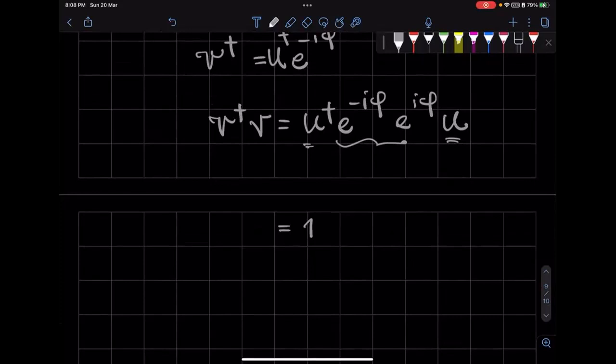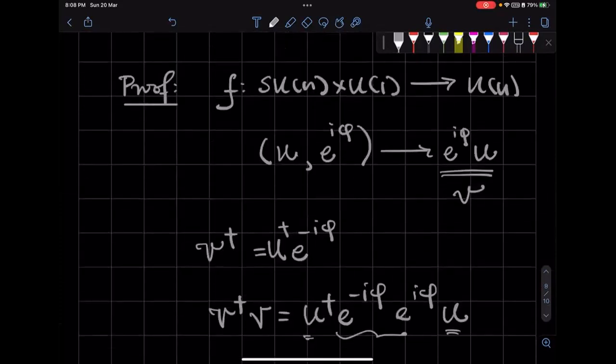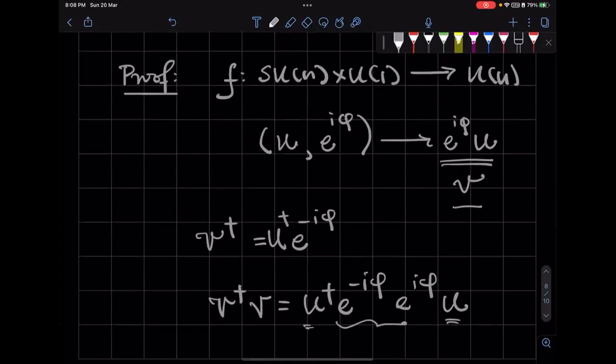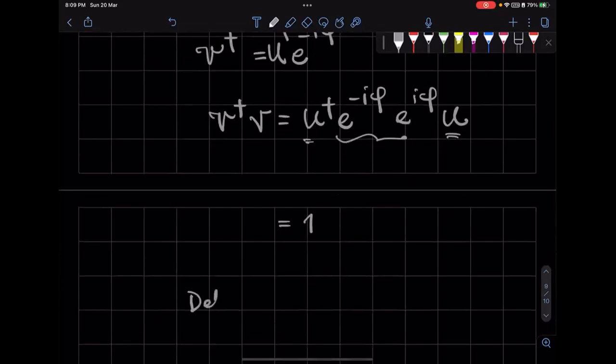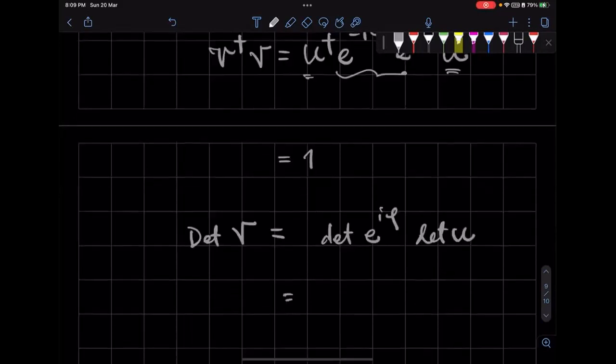So what I'm saying is that I have verified that this is an element of UN. And if I take the determinant of V, I have essentially the determinant of e to the power i phi and the determinant of U. Now this has determinant +1, and this has determinant e to the power i phi n, right?